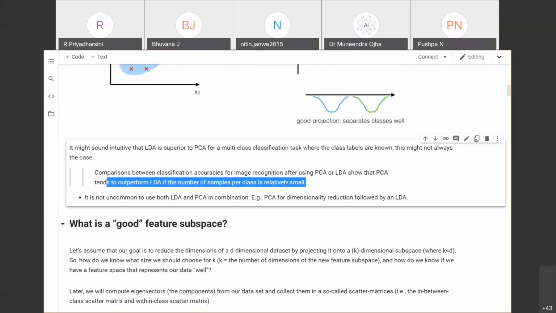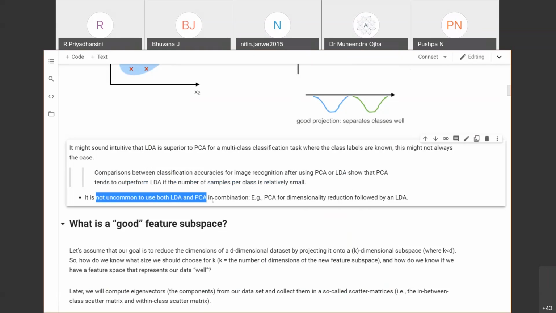However, if the number of samples per class is larger, LDA tends to perform better than PCA. And it is not uncommon to use both in combination. That is, perform PCA for dimensionality reduction and immediately after that perform LDA as well. Okay, so on the original data, just to get a good feeling.